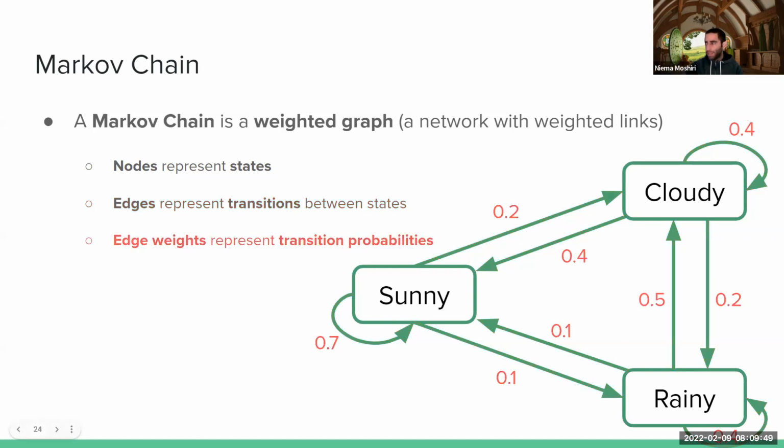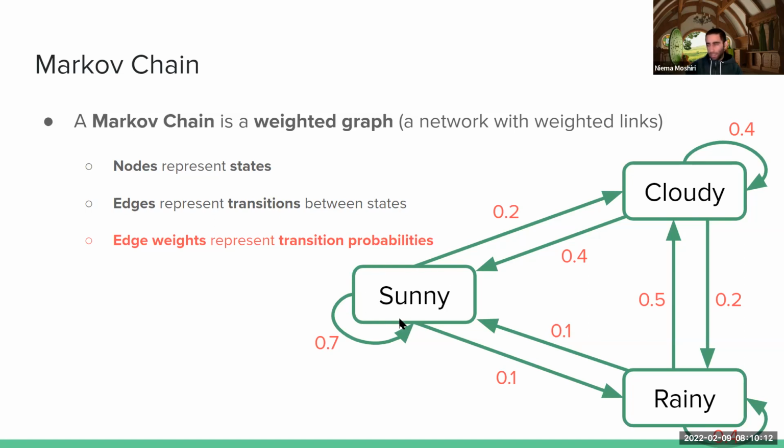And then the edge weights represent transition probabilities. So if today is sunny, transitioning from today being sunny to tomorrow also being sunny has maybe 70% probability, whereas today being sunny and tomorrow being cloudy maybe has 20% probability.